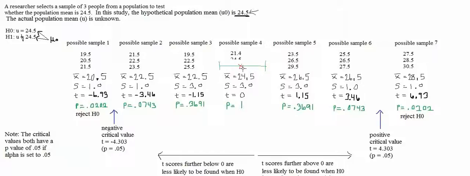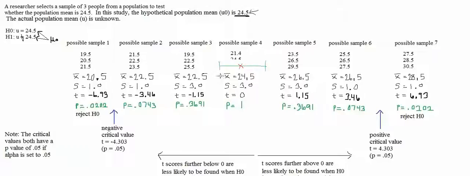You can see that this is the situation in which the null hypothesis is true, because the actual population mean is 24.5. The actual population mean is equal to my hypothetical number. And in this case, I'm likely to get a sample mean somewhere near 24.5, because that is the actual population mean.